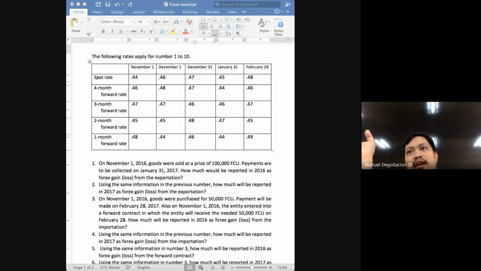Yes. So it's possible for one problem, class, to give you importation transactions and exportation transactions at the same time. Import for your inventory, export for your sales.